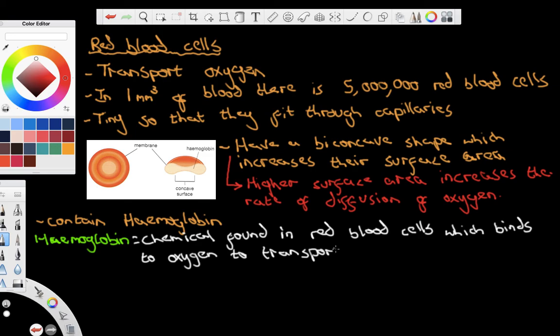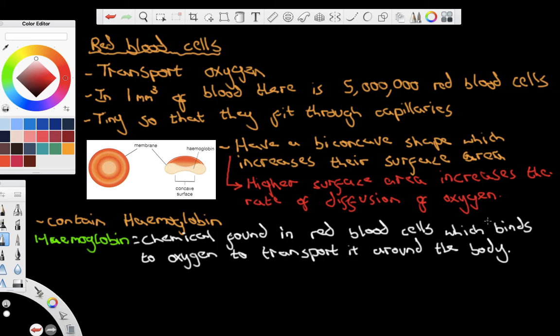So it's hemoglobin which binds to the oxygen.